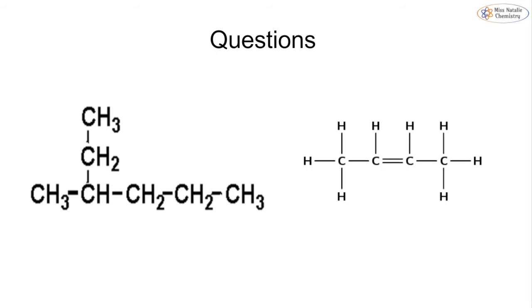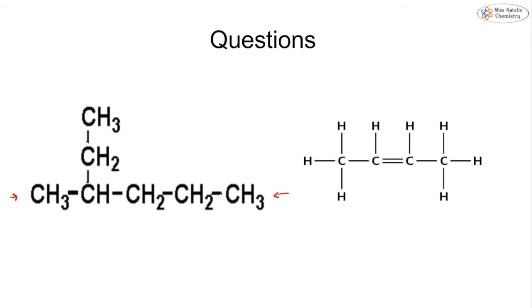If we look at another 2 examples, we've got an alkane and then this time an alkene. So we'll come back to the alkene in just a moment. We want to find the longest continuous chain this time, and the most common trap to fall into here is to simply go from here to here and say that the longest chain is 5 and that I have an ethyl group here.